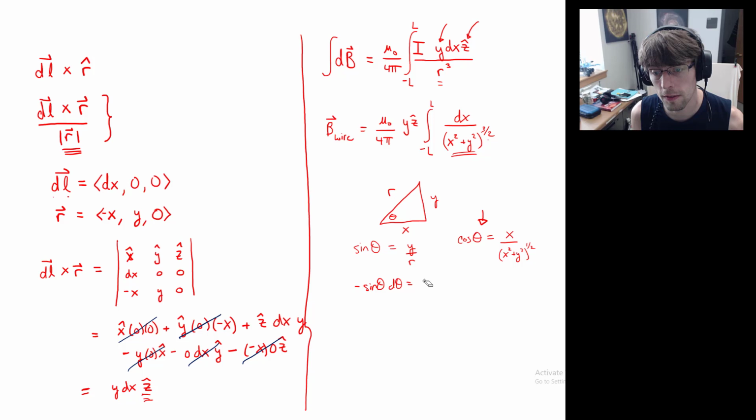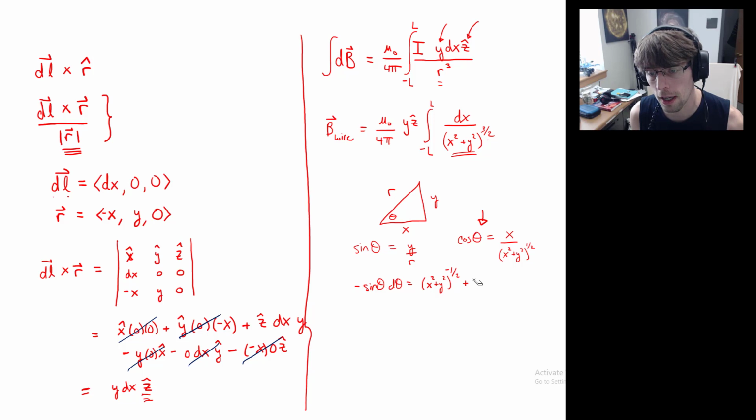On the right-hand side, if I take the derivative of x, I just get 1, so I have x squared plus y squared to the negative 1/2. Now I have to take the derivative of the second term. I've got to product rule this. So what do I get?